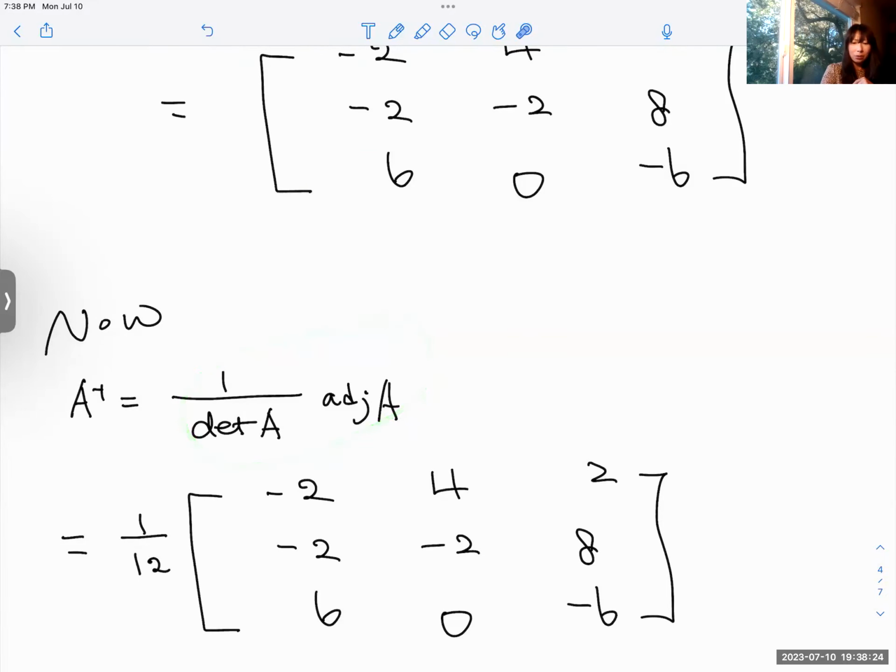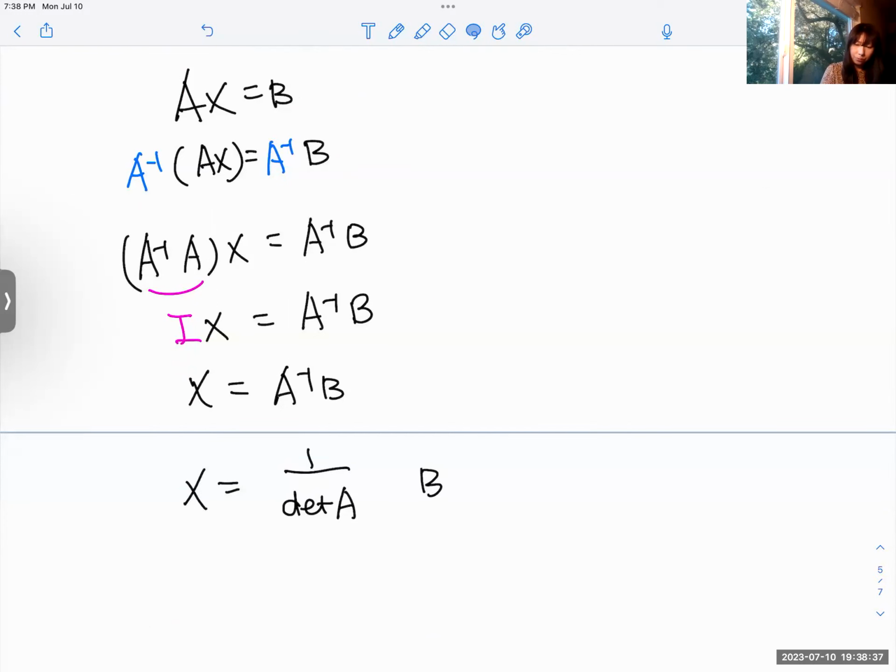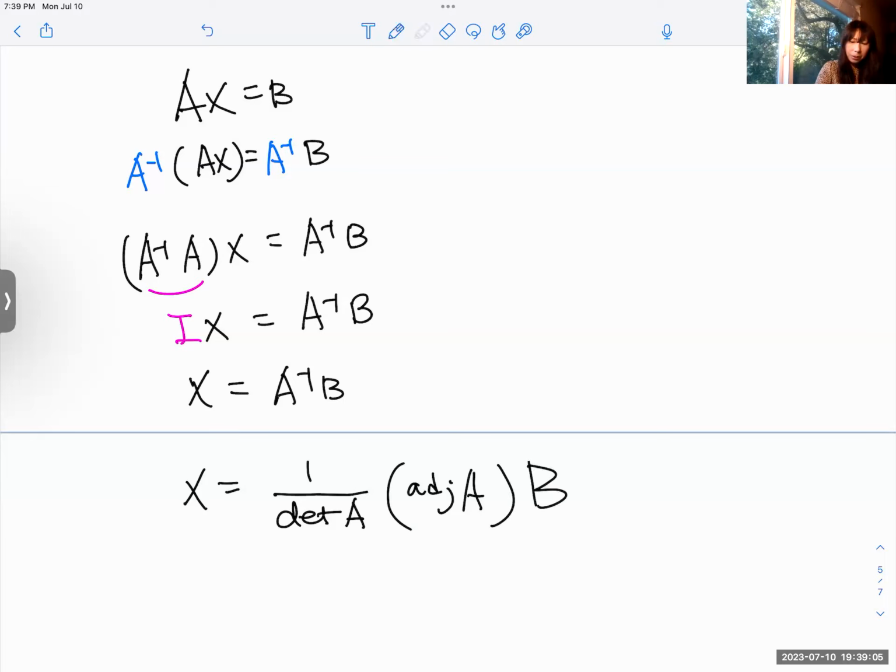So we can use this whole thing there, and B. Okay, so A inverse, using that.